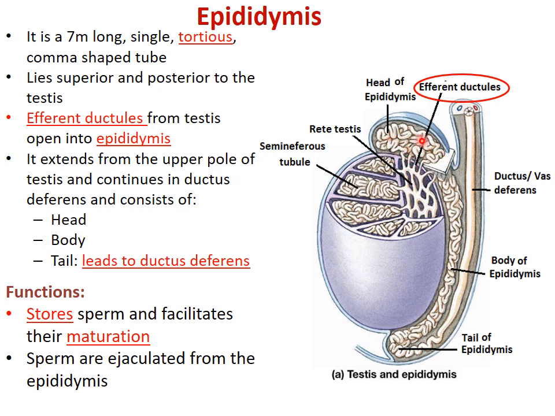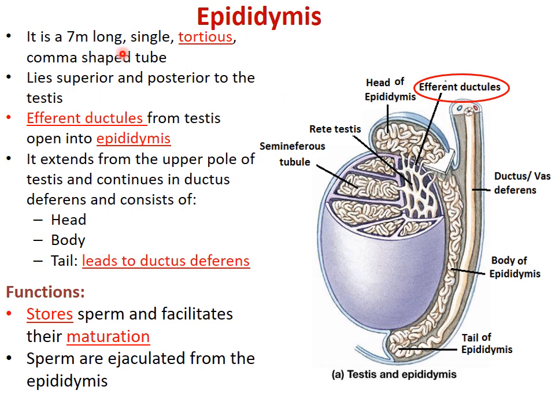You can see so many coiling ductules, but these coils merge together to form the body. Then the tail of the epididymis arises, and from the tail arises one single duct called the ductus deferens or vas deferens, and this ascends up in the spermatic cord.